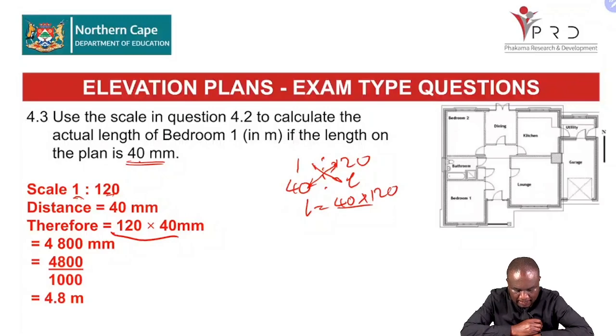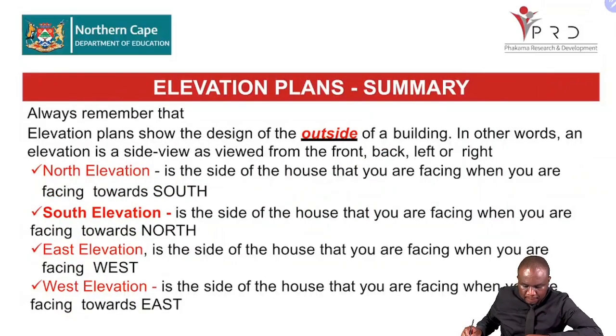Always remember this, grade 12s: elevation plans show the design of the outside of a building. In other words, an elevation is a side view as viewed from the front, back, left, or right. It's just a side view.